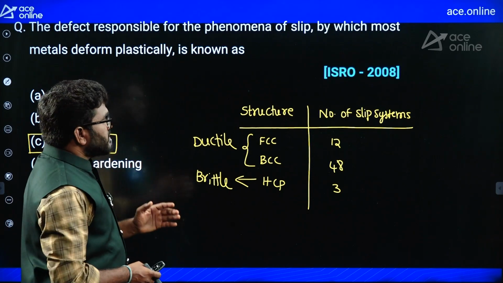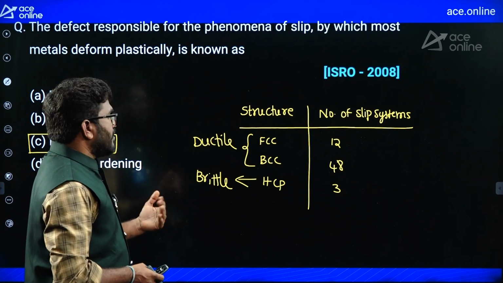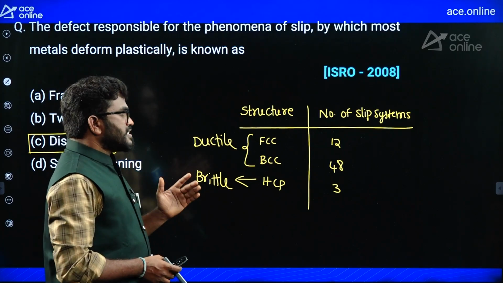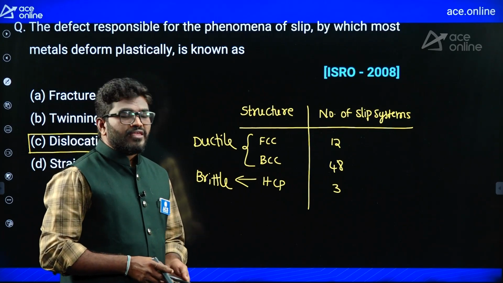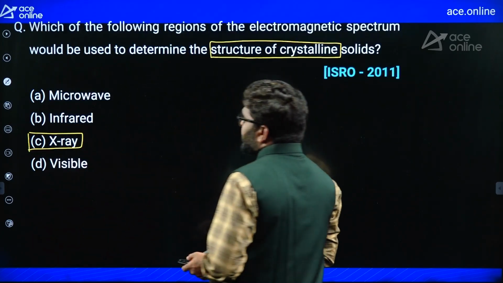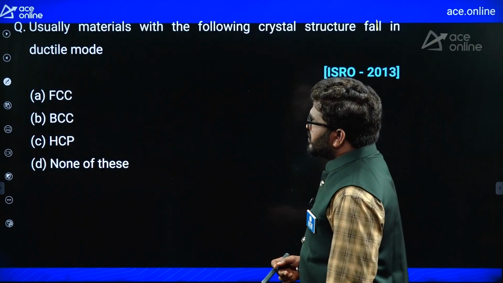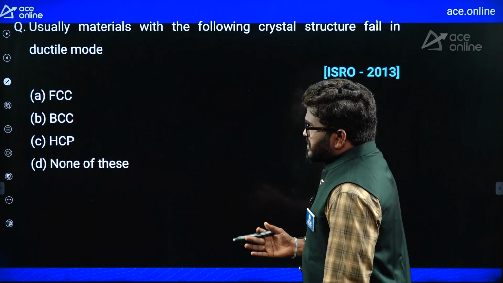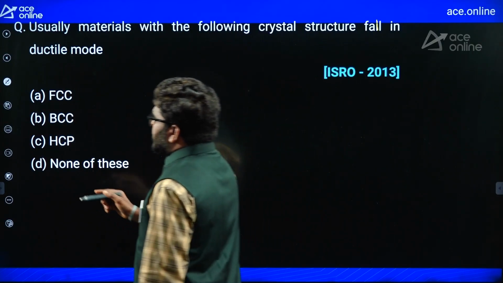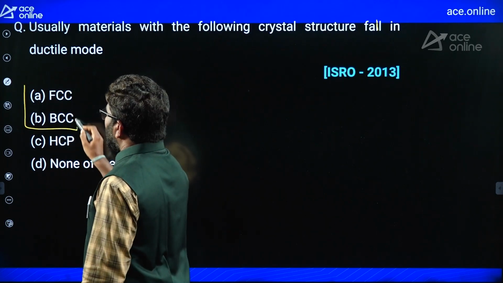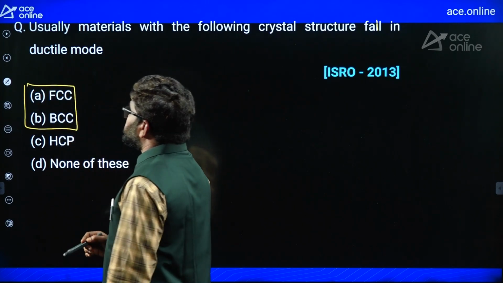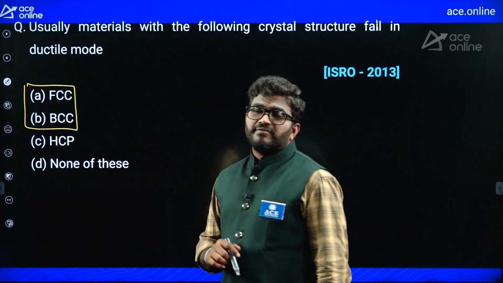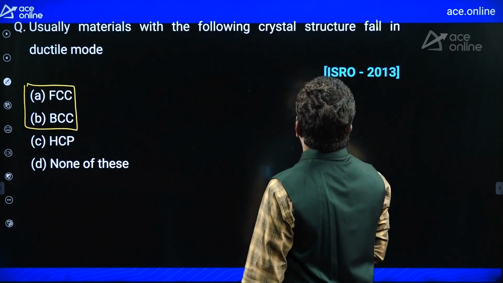If the number of slip systems is more than 5, they are ductile. If the number of slip systems is less than 5, they are brittle. Now, if you observe this question carefully, FCC is there, BCC is there, both are there. Out of these two, which materials are more ductile?